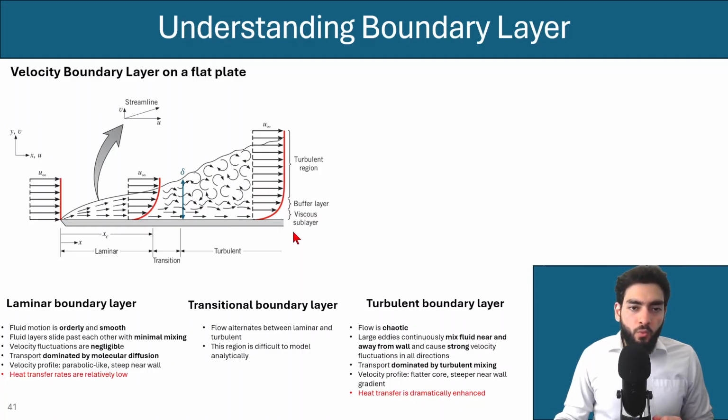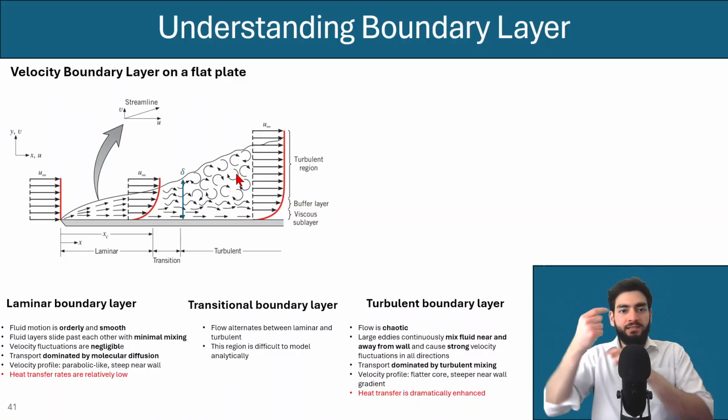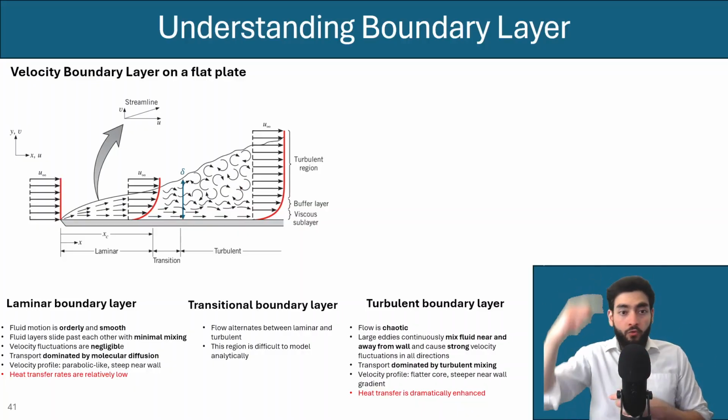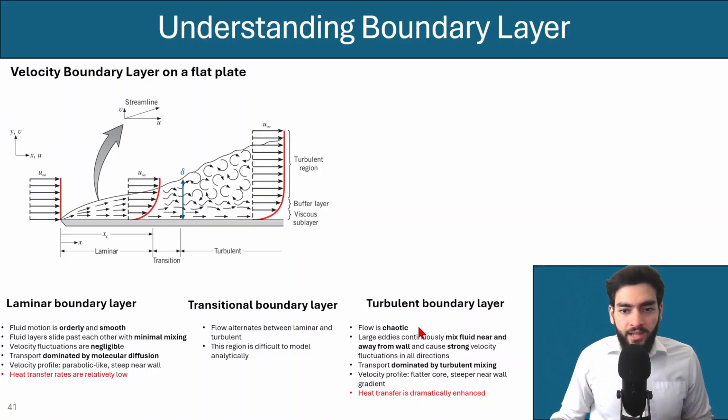And so with this kind of behavior, and as you can see here from the small arrows, they represent the eddies that you have mixing all over the y direction. And in this case, the main dominant transport method is turbulent mixing. It's not molecular diffusion anymore.